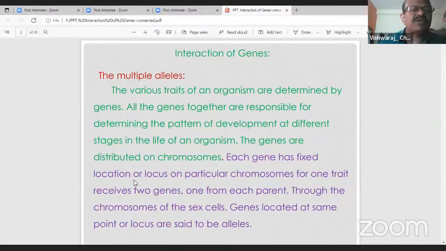Each gene has a fixed location, or locus, on a particular chromosome.